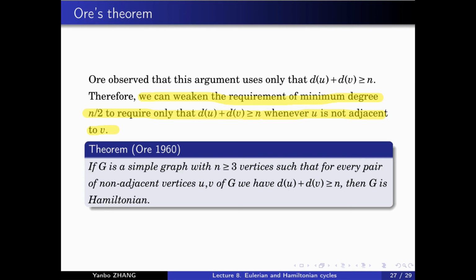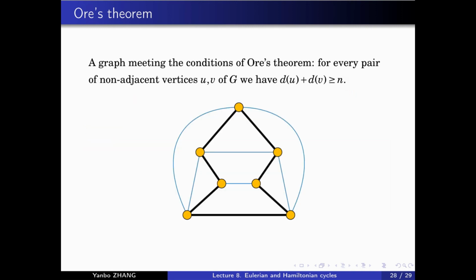We see that this is a weaker condition compared with Dirac's condition. From du greater than or equal to n over 2 and dv greater than or equal to n over 2, we have du plus dv greater than or equal to n, but the reverse is not true.